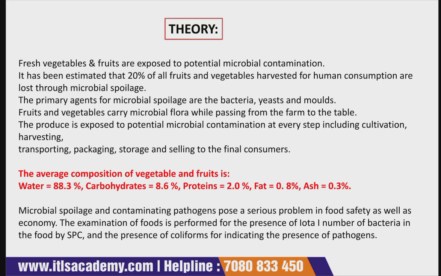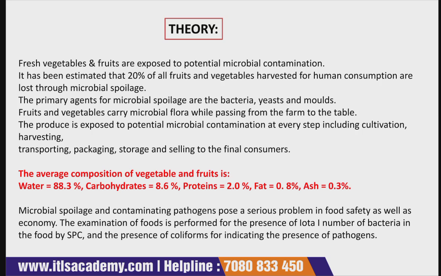So the produce, that is fruits and vegetables, is exposed to potential microbial contamination at every step. That includes cultivation or harvesting, transporting, packaging, storage and selling to the final consumers.